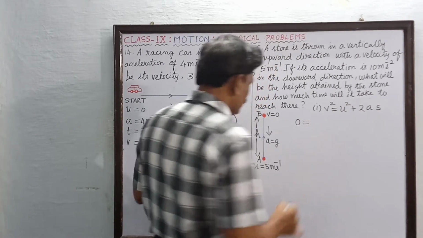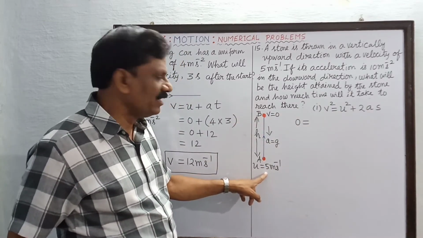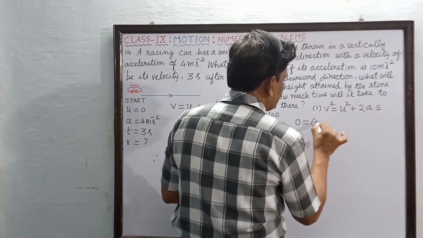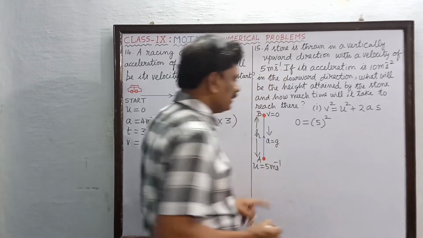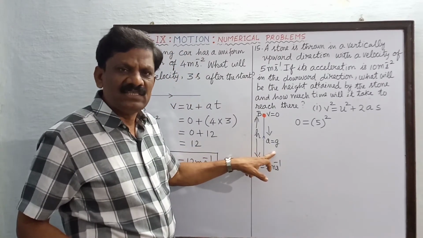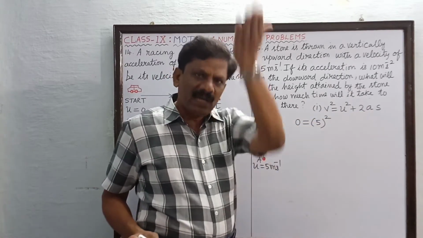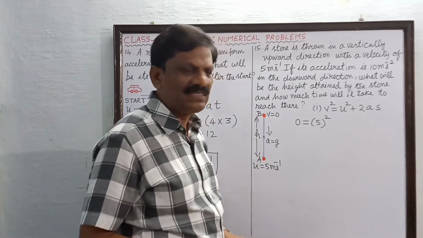So, 0 is equal to u square. In place of u square, the initial velocity given is 5, so this is 5 square. Here, for the stone falling down, its acceleration is g. Since the stone is thrown in the upward direction, its acceleration due to gravity is negative, minus g.